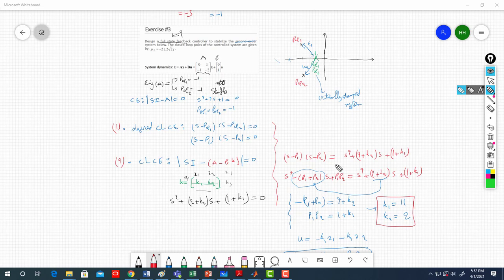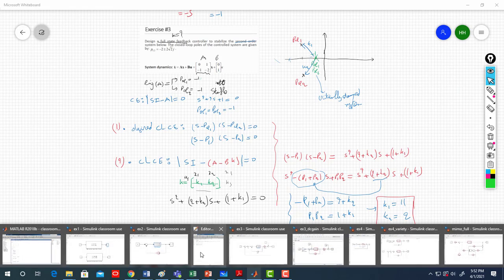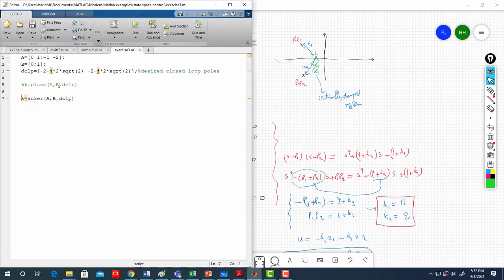K1 is the gain that will move one of the open loop poles to this location, -2 plus. And K2 will move the other pole from the open loop to -2 minus j 2 square root of 2. It's as simple as that.